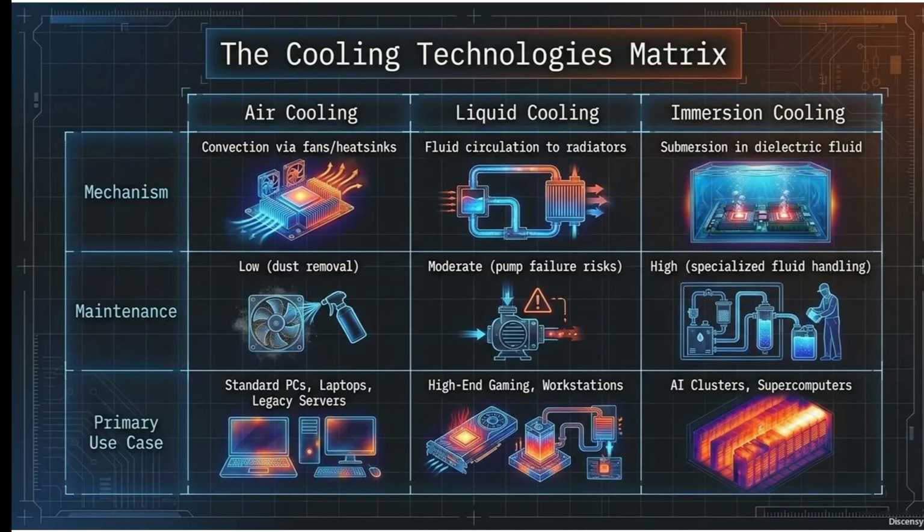The cooling technologies matter. So let's get to know about these three once again in a more differentiated manner. First is the air cooling, second is the liquid cooling, and third is the immersion cooling, which is the latest. So let's get to the first one, where we're going to get a brief overview again, which I have gone through. The mechanism of air cooling is via fans or heat sinks.